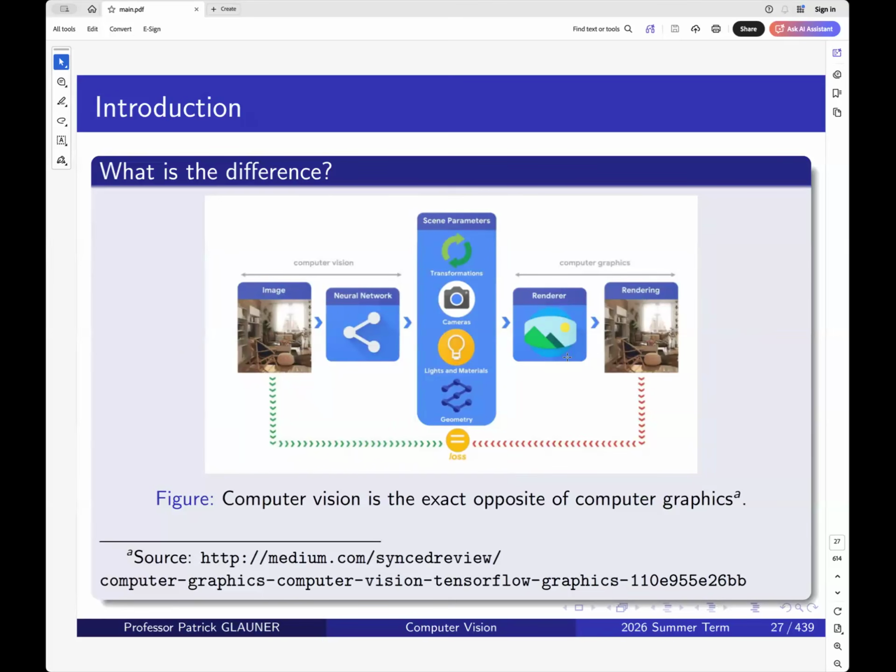In computer graphics, we have some model that we describe. For example, geometry of some objects, lights, materials, maybe some camera angle, and some other stuff of a scene. And then we use a renderer to create a rendered image from the model. But computer vision actually does the exact opposite.